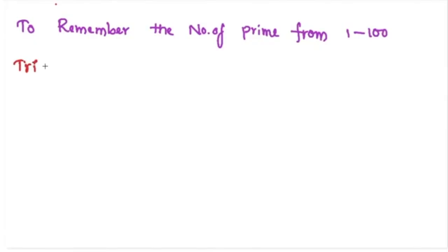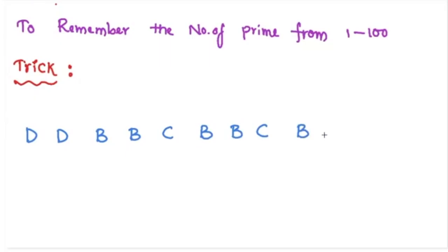Just remember the alphabets which I have told you previously. What are the alphabets which I have told you? I am writing that again: D, D, B, B, C, B, B, C, B, A.